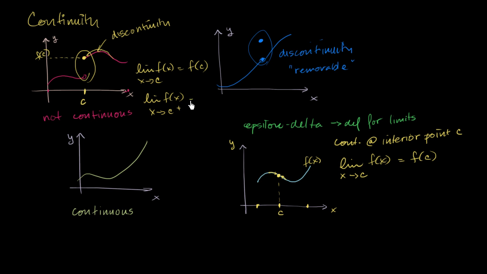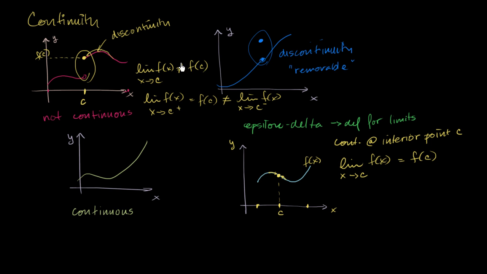It does look like it's equal to f of c. But if we take the limit, this does not equal the limit of f of x as x approaches c from the negative direction. As we go from the negative direction, we're not approaching f of c. So therefore, this does not hold up.